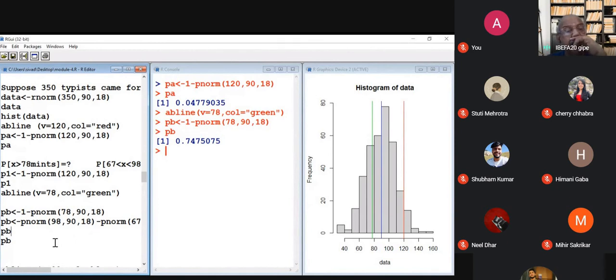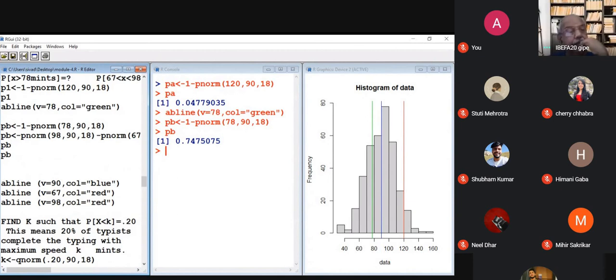Now between 67 and 98, the color I will change to yellow.